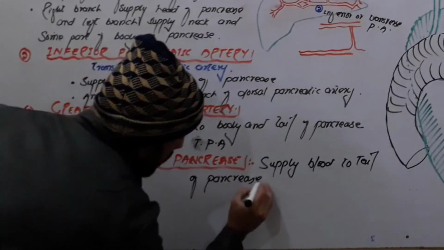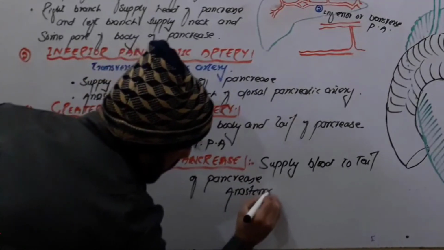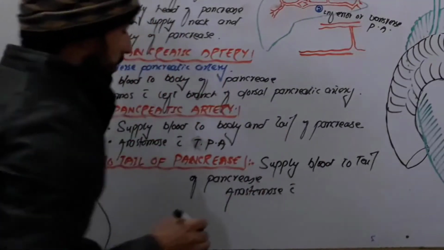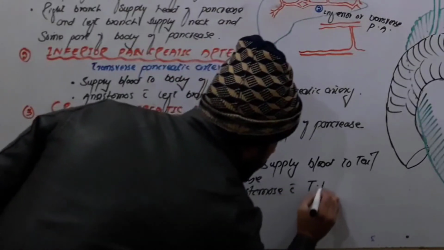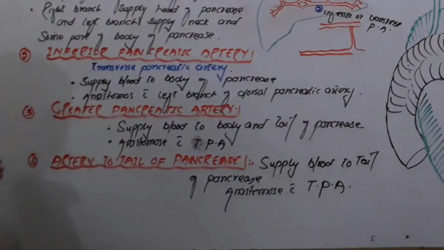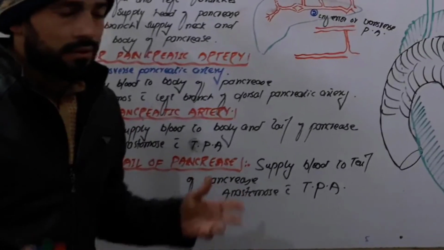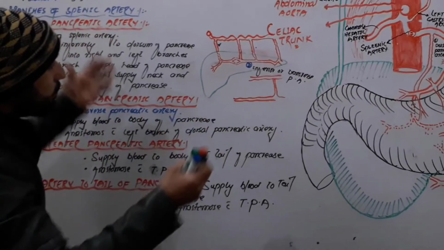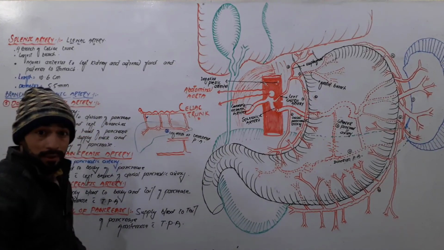Okay, and what does it do? It anastomoses with the transverse pancreatic artery. Clear, friends? These are the four main branches which arise from the splenic artery. Now let's move further forward and see other branches which arise from them. Clear?